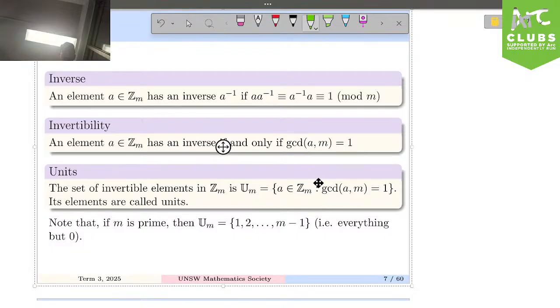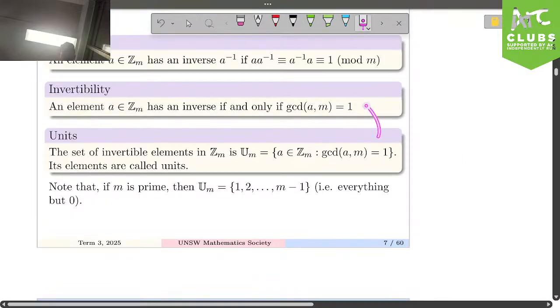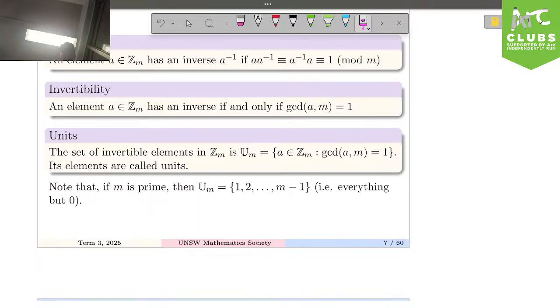The units are defined by the GCD of A and m being equal to 1. This exactly follows from the equation up here. If m is prime, then every element is co-prime to m, so everything except for 0 is an invertible element.